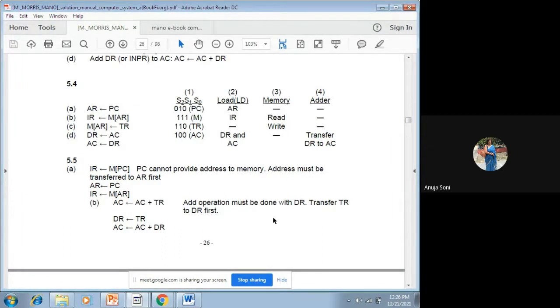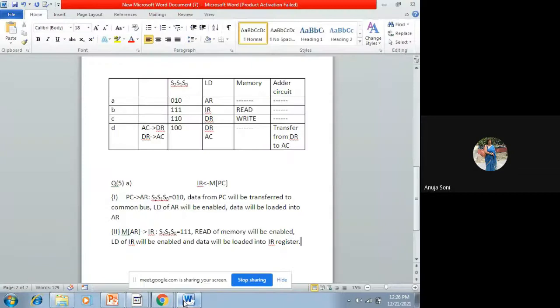Address must be transferred to AR first, from PC to AR, and afterwards from M of AR to IR. So they have mentioned it in only 2 lines, along with the reason. This way also you can give the answer, no problem. Whereas I have explained in detail how in the background these micro operations will take place. Right? Now we come to part B.